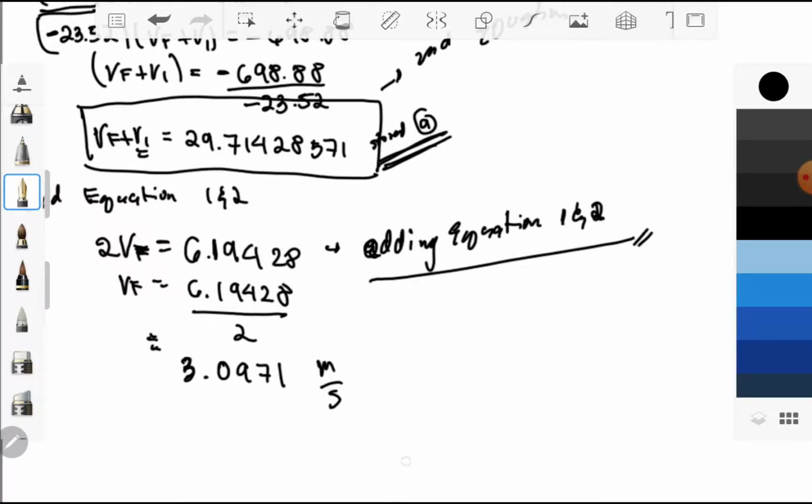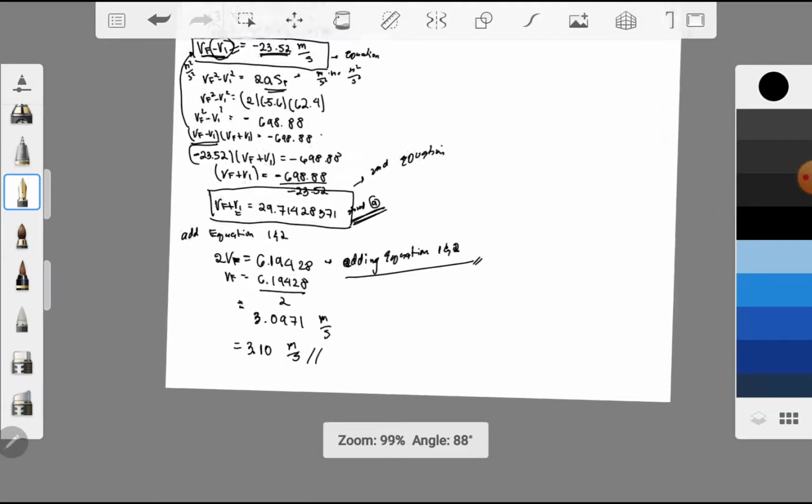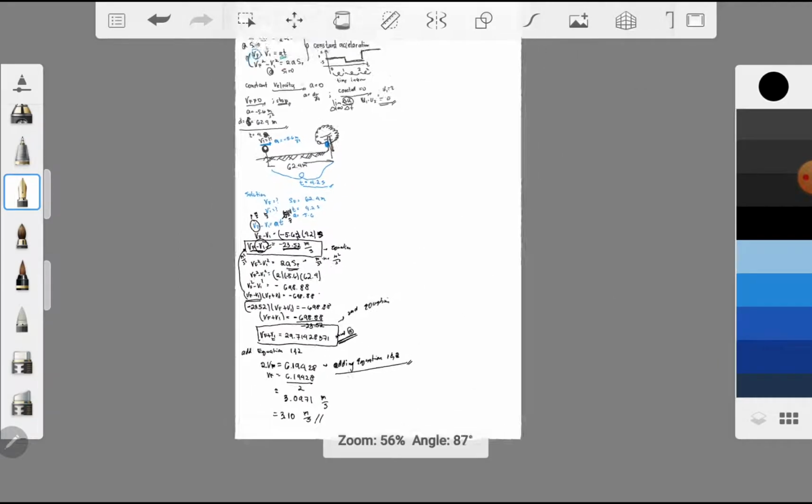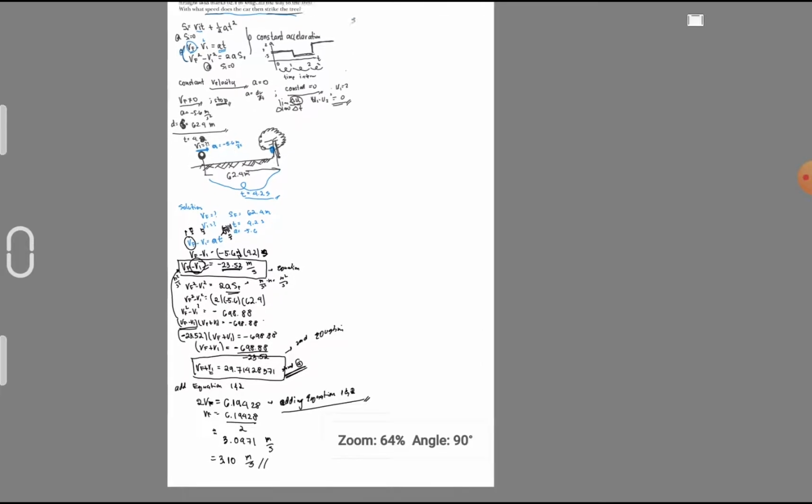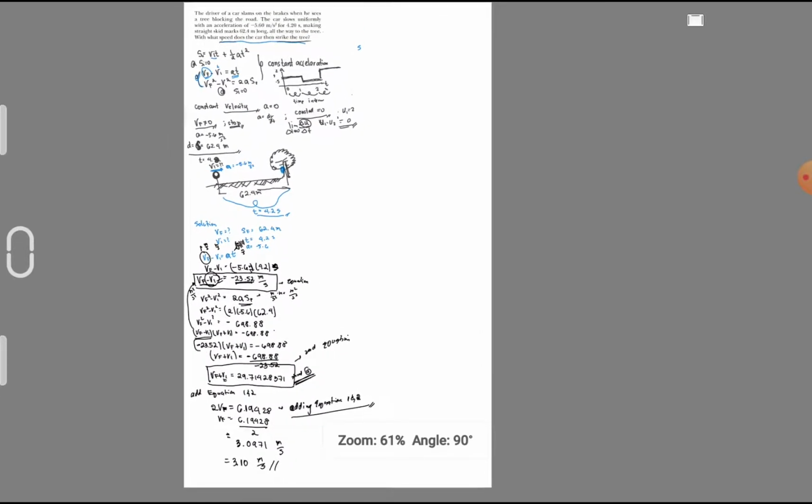Pag nag-input kayo sa LMS, ang gagawin nyo is that, pag sinabi kong round to the nearest hundreds, re-round ko yung 9, so therefore, we will have a value equal to 3.10 meters per second. That is the answer that you should input into your LMS. Okay? So, ganun lang kadali yan, no?